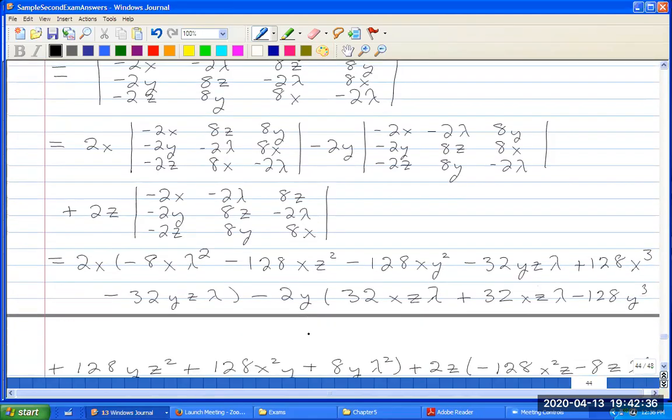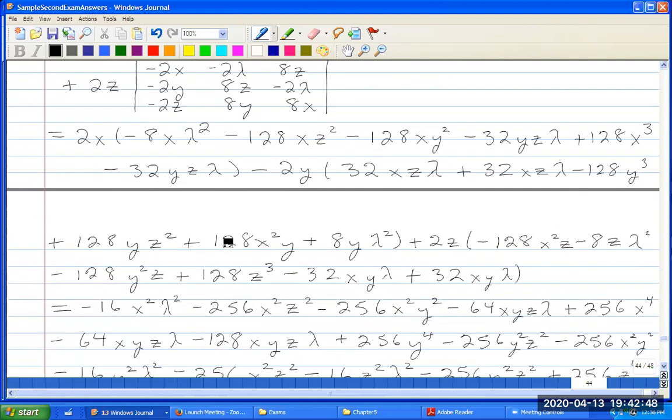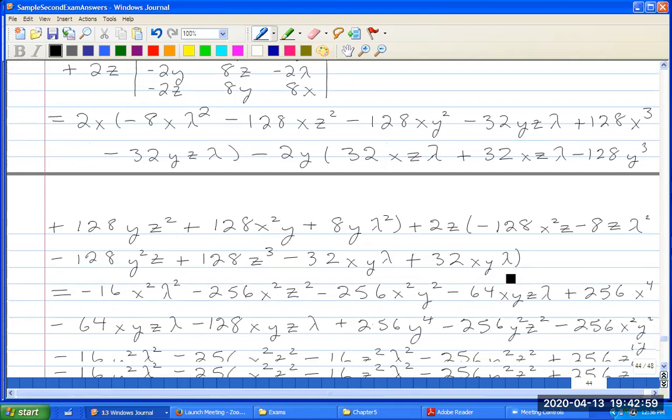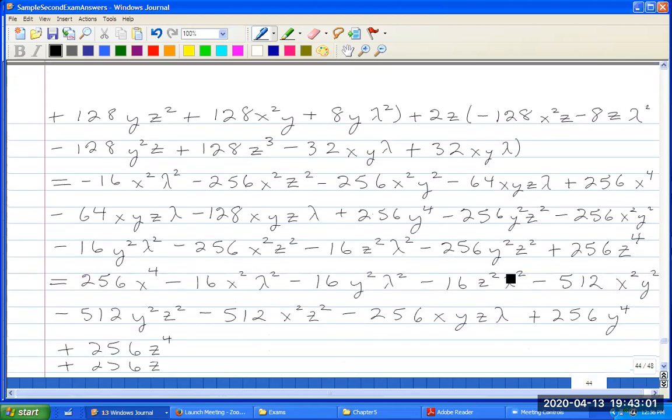And so take the determinant of this, minus 2y times the determinant of this, plus 2z times that determinant. Multiply in your 2x, minus 2y and 2z inside the parentheses. And then simplify.